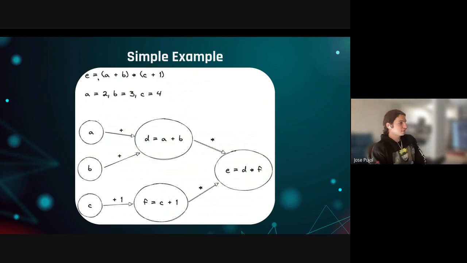So let's say I have E equals A plus B times C plus 1. So I have 3 input variables here, like 3 nodes. Let's say A is 2, B is 3, C is 4.